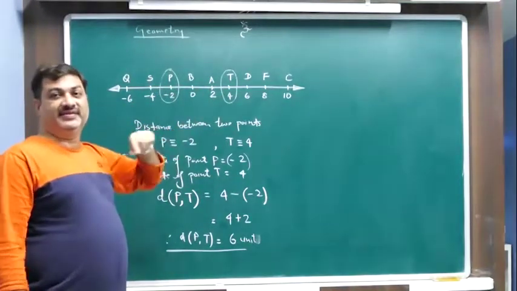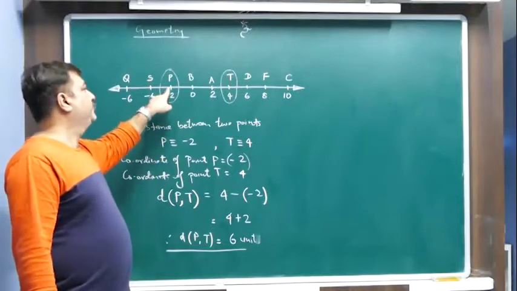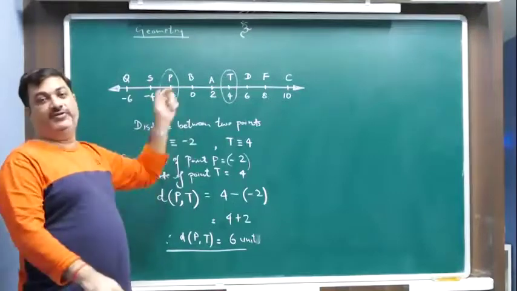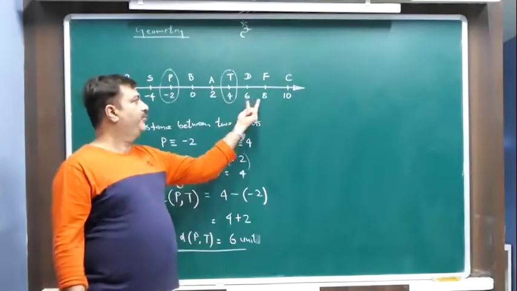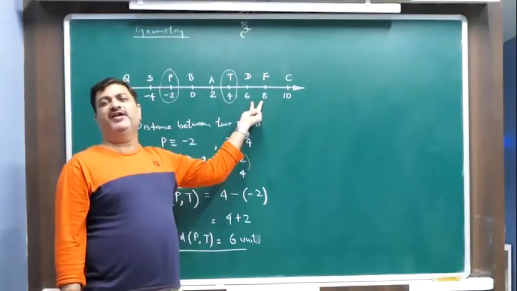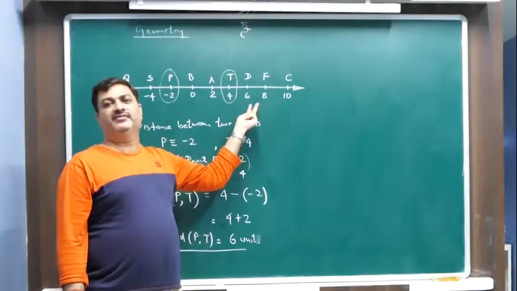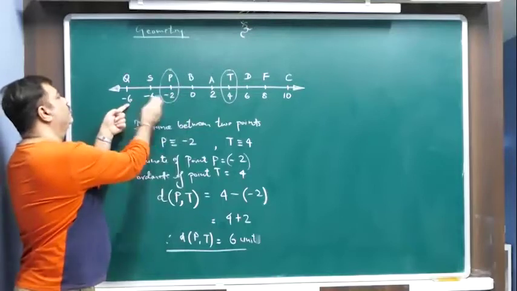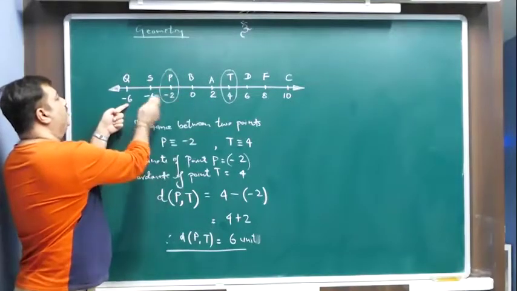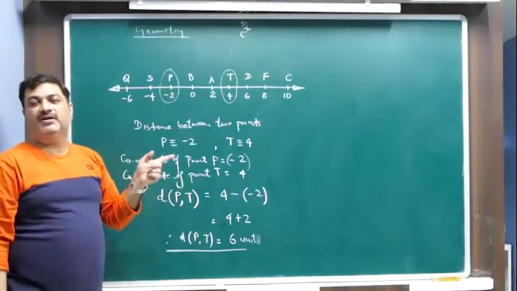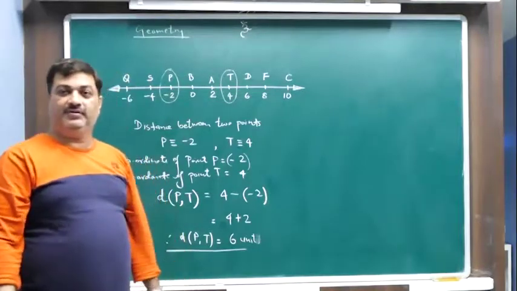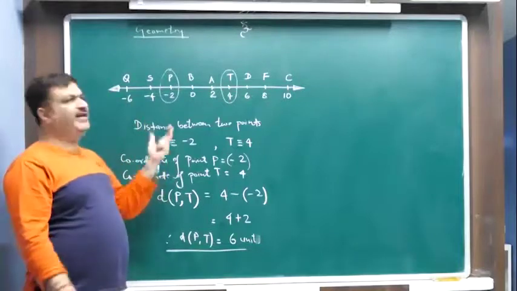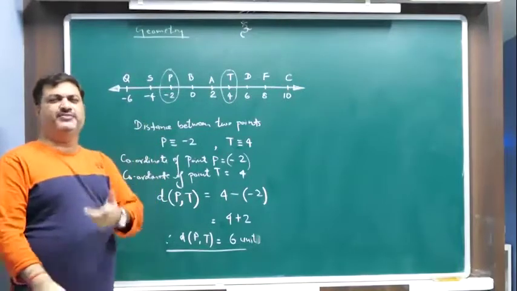The distance is 6. How? Because -2 to 0 is 2 units, and then 0 to 4 is 4 units, so total becomes 6 units. If I ask you directly, what is the distance between D and F? 8 minus 6, 2. What is the distance between Q and P? 0 and -6, so 6 units. Clear? So in your mind itself, you can calculate the distance between the 2 points. It's very simple.